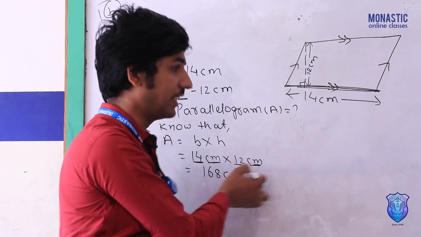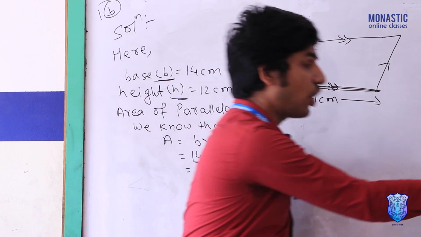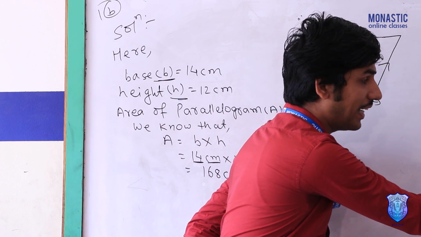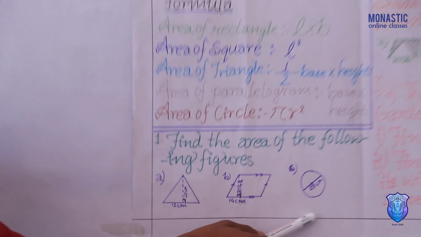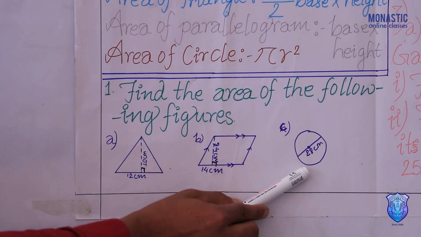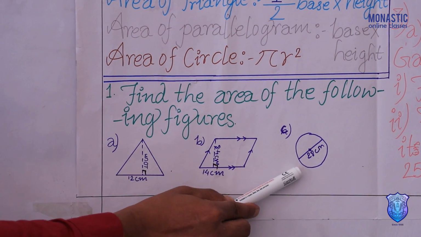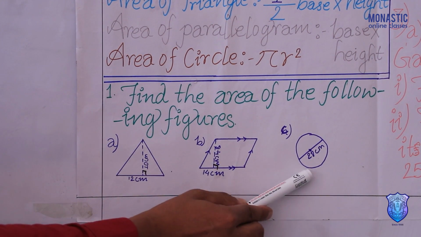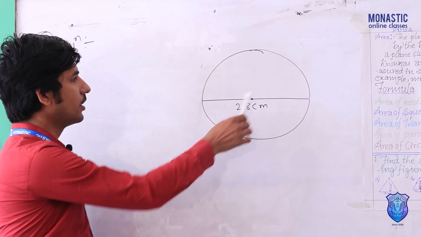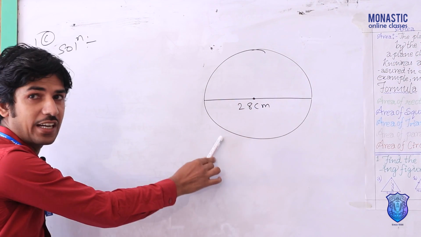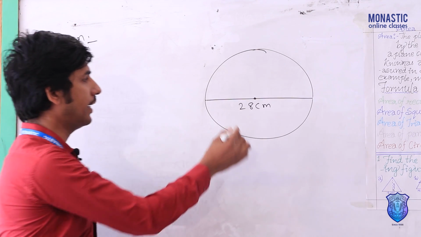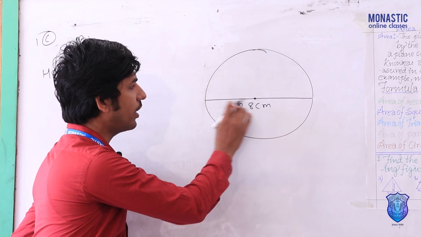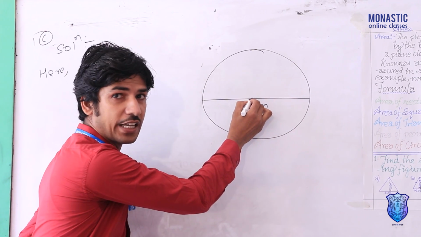After this, our third question is based on the circle. Now we have to find the area of the circle. See, this figure is a circle, and in this circle a chord is passing through the center.